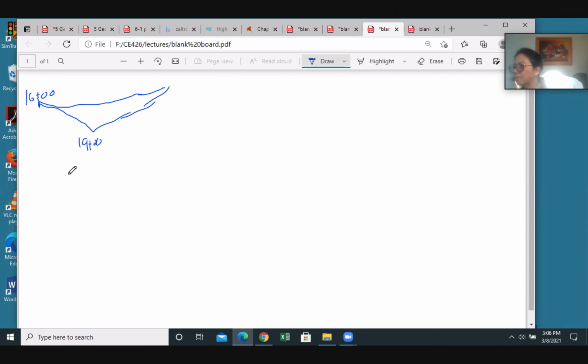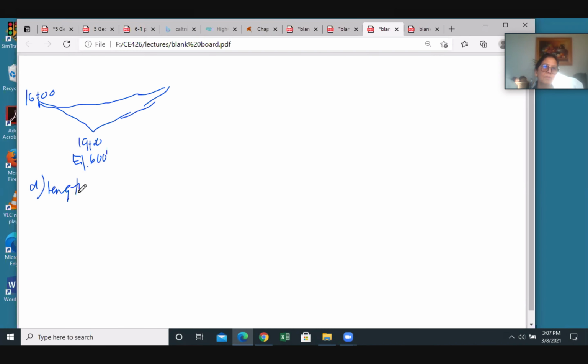The elevation here is given as 600. So what's the length of the curve? That's the first step. So length of curve would be equal to, you can give the value.